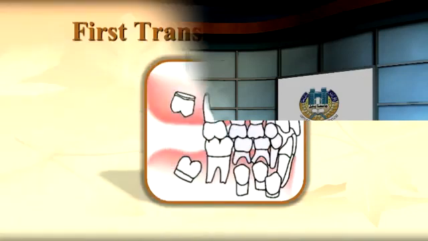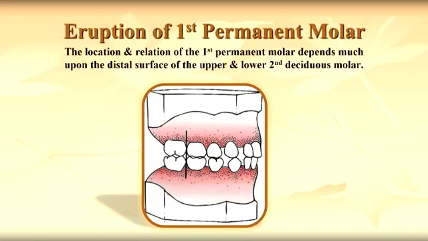In the first transitional period we see the eruption of the first permanent molar. The location and the relationship of the first permanent molar depend much upon the distal surfaces of the upper and the lower second deciduous molars.